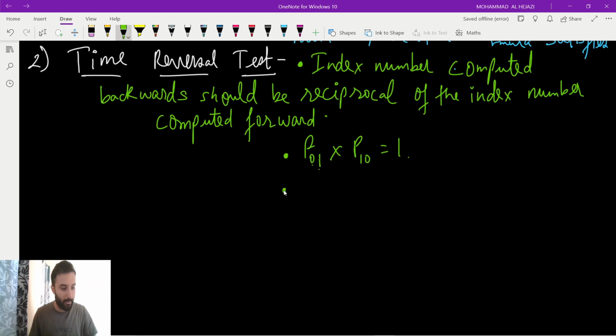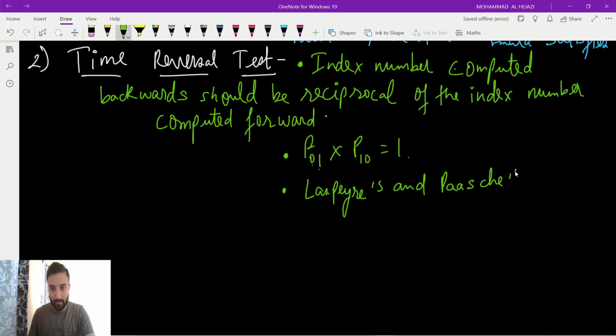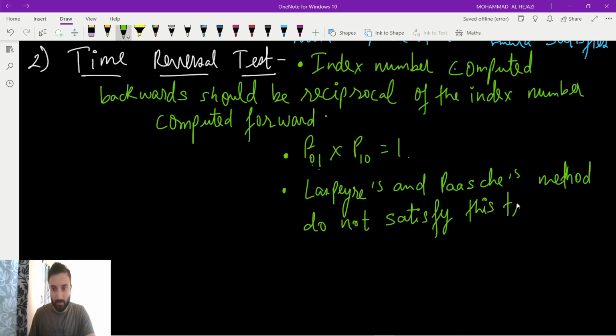Next we'll write: Laspeyres and Paasche's methods do not satisfy this test.